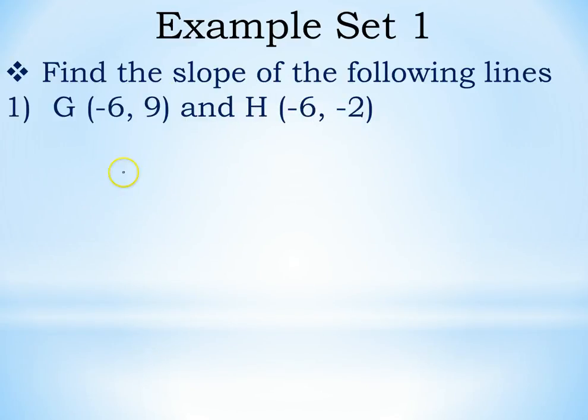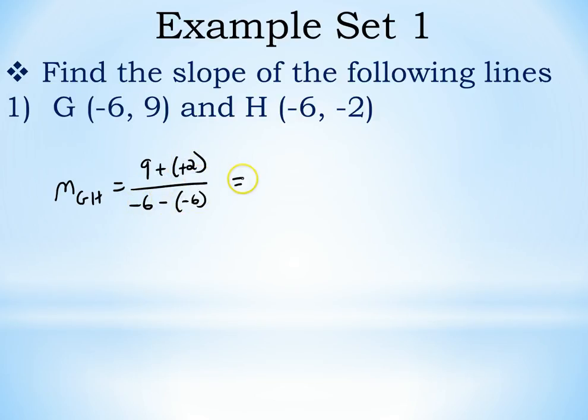Slightly different concept, but same idea. The slope of GH, we'll subtract our y's, 9 minus -2. Subtract our x's, -6 minus a -6. This becomes plus, which is 11. This becomes plus, which is 0. Now 0 is in the denominator. We cannot divide by 0. It's considered undefined, so this is an undefined slope.